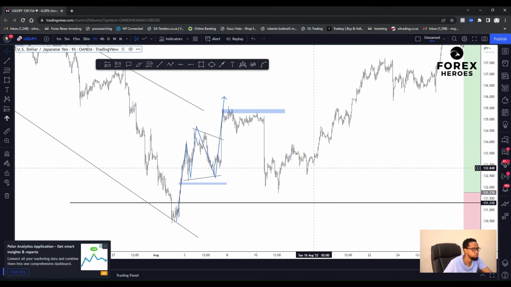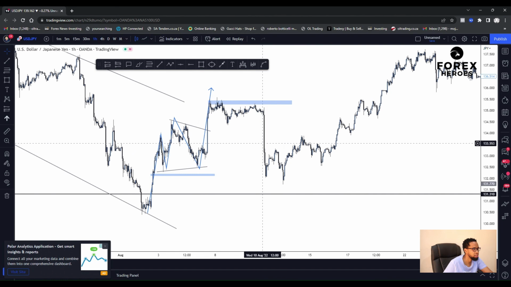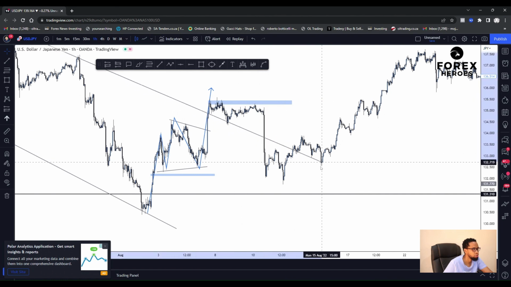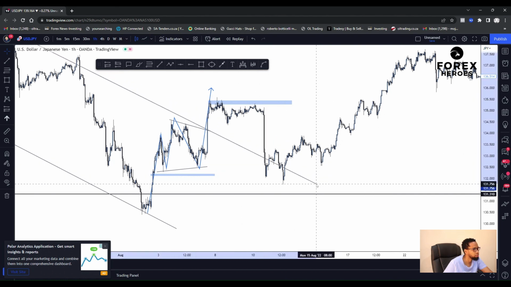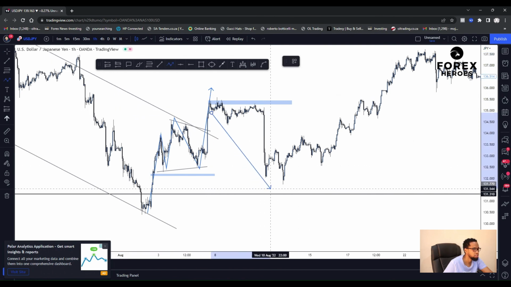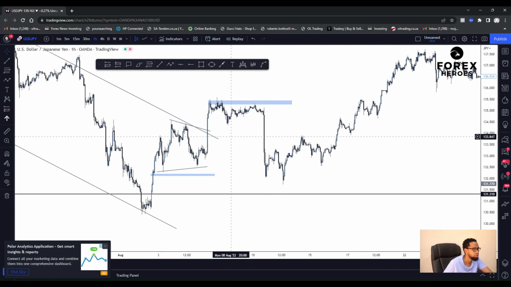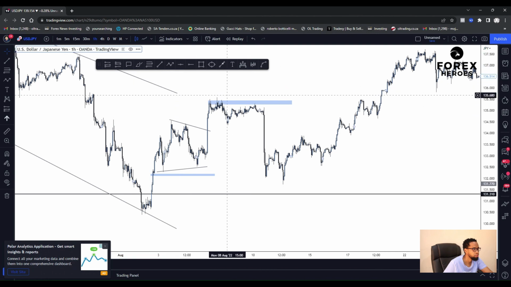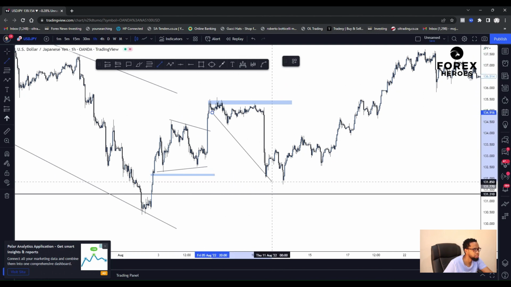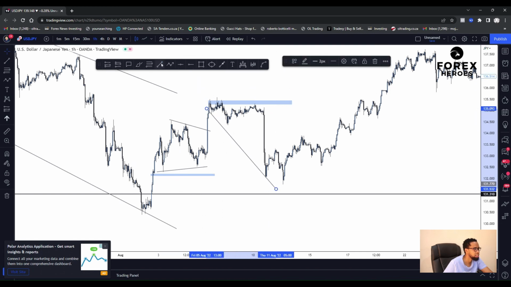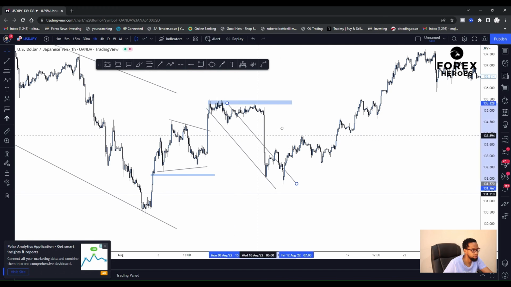Then now, when you reach this level, you can see that it was coming to retest this. Then you would see this. So separating your patterns really helps, guys. You don't get stuck with a pattern that you see, yes, indeed, it's no longer valid.